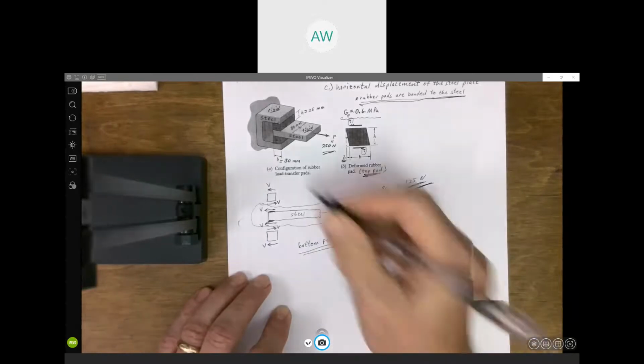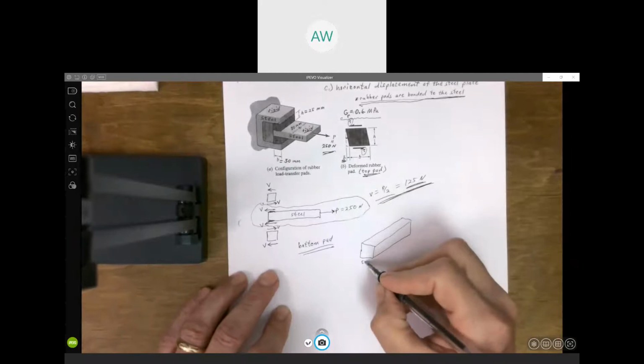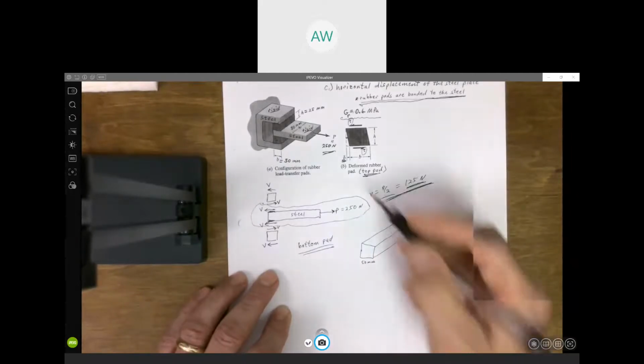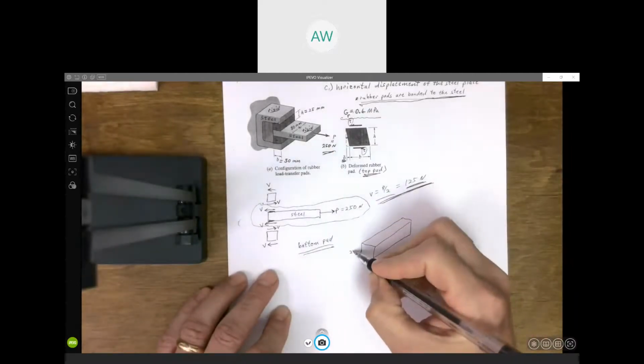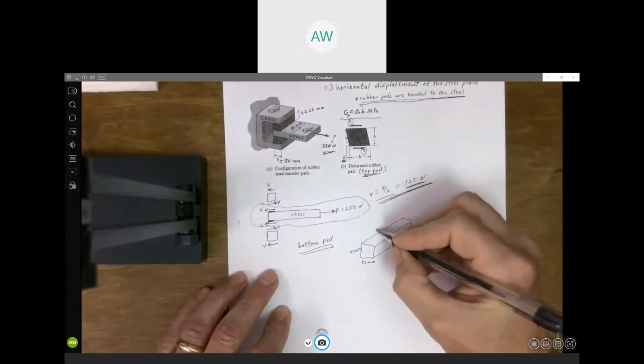All right, so if this is that bottom pad that we're looking at, I know this is 50 millimeters. We know the height is 25 millimeters. I know the length is 80 millimeters.